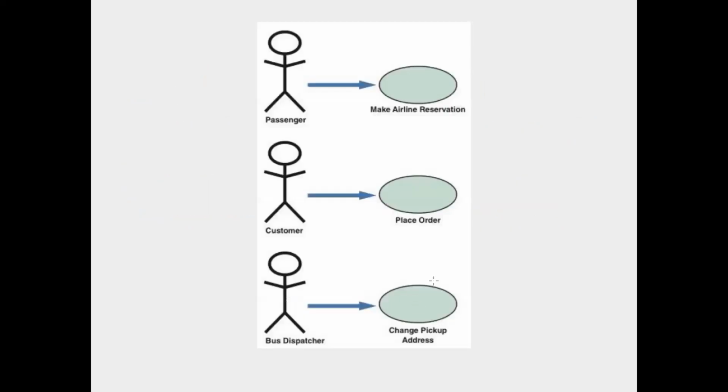There could be many use cases. For example, a passenger can request to make an airline reservation. A customer can place orders. A bus dispatcher can change pickup addresses. Likewise, these are some of the examples, and the external entities, or these actors, can initiate them.